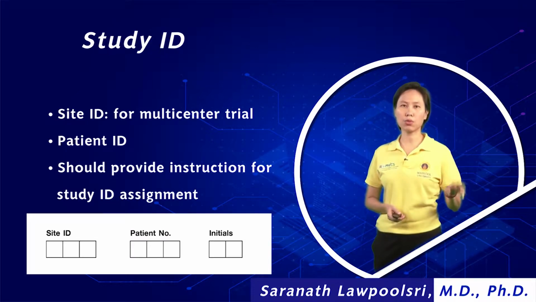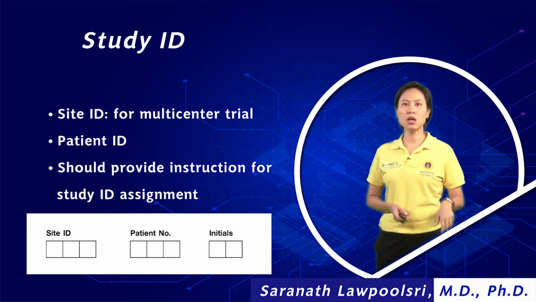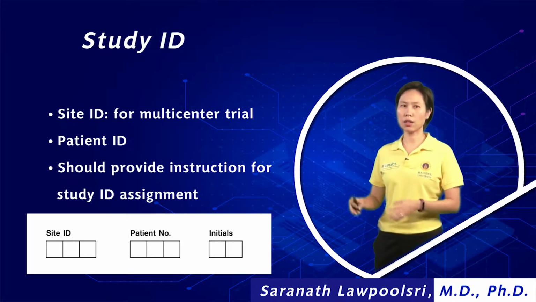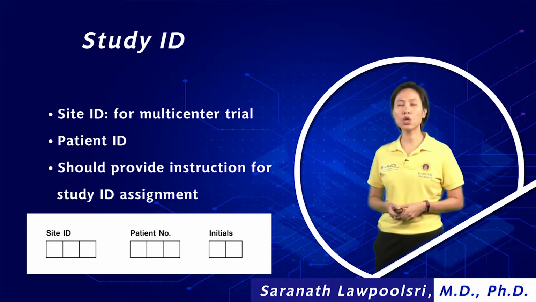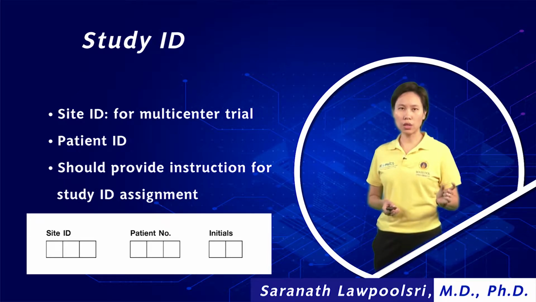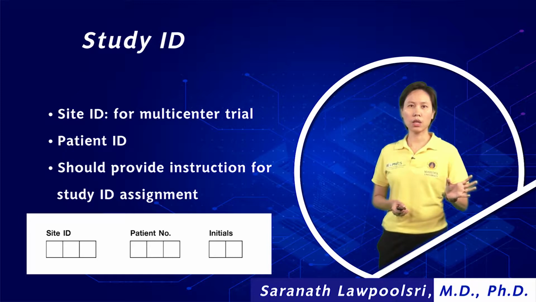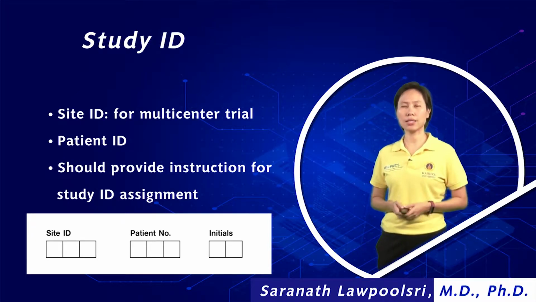For example, the first three digits will represent the site ID, and the other 4 digits will be the patient ID, and then you have initials, for example, like this. When people look at the first 3 digits of the study ID, they know which site this case comes from.